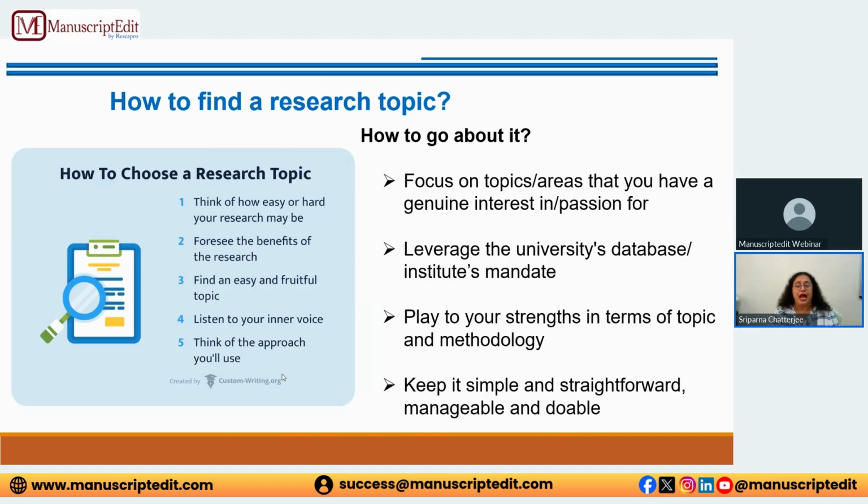And then you try to gather knowledge. How can you do that? Most of us are associated with some institute, some university, some college. Then we need to utilize our institute's database. And again, we need to understand our strength.